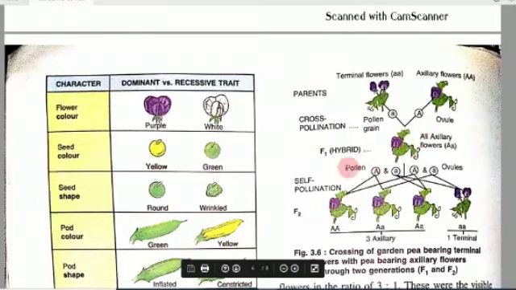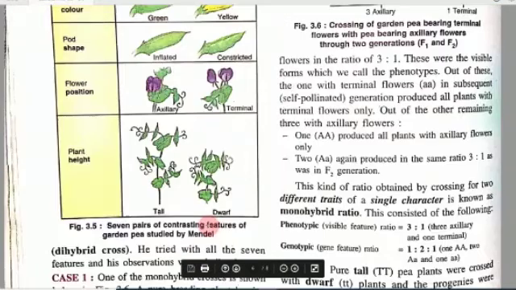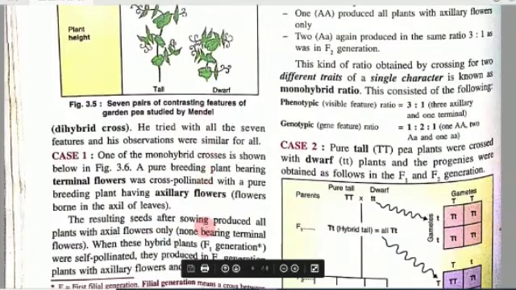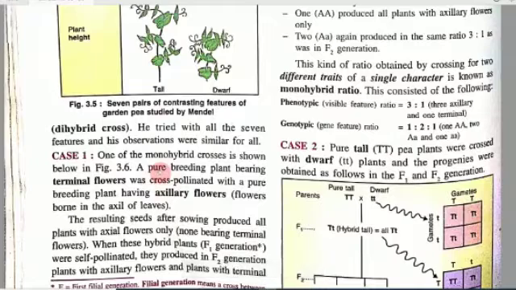In case 1, they are going to give 3 types of crossing. Case 1: terminal flower and axillary flower are crossed in a monohybrid cross for 2 generations.